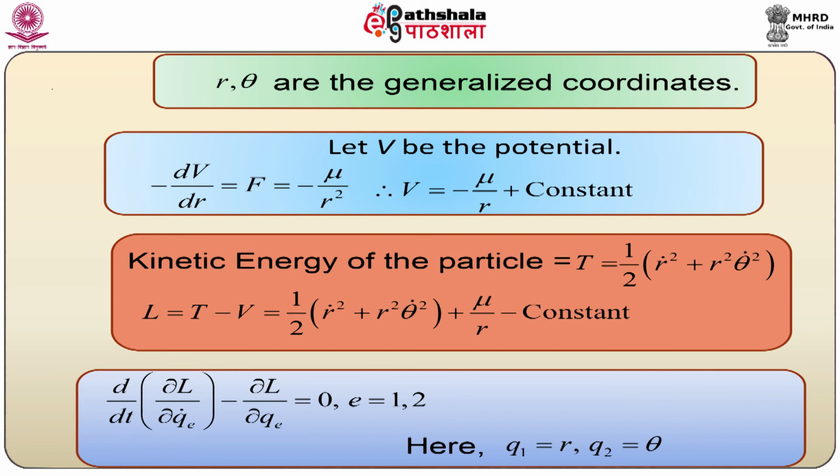Here we have two generalized coordinates, so i varies from 1 to 2. q1 equals r, q2 equals theta.